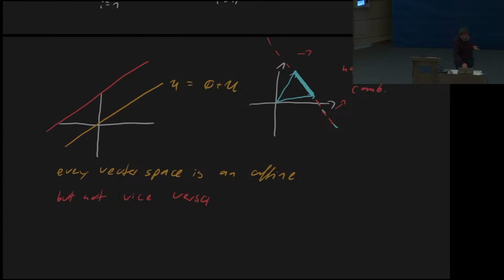All right, I hope that answers this question. So, any more questions on affine spaces or vector spaces? Otherwise, we'll have a look at some examples before we go on. It does not seem to be the case right now.